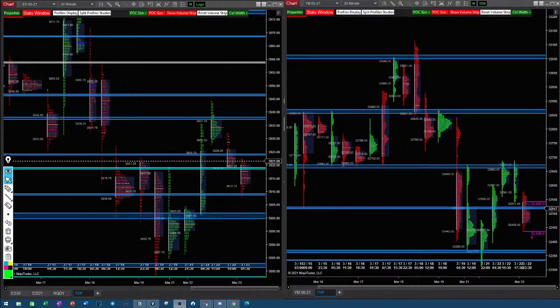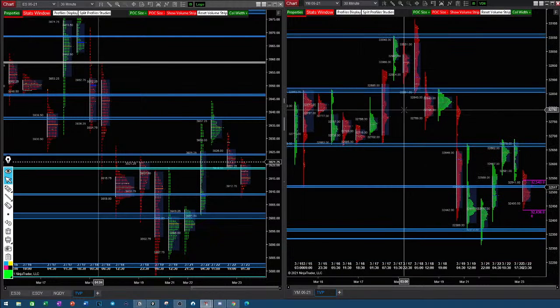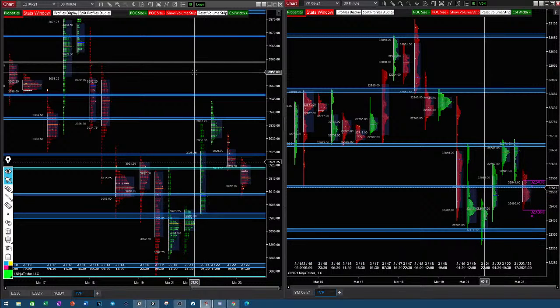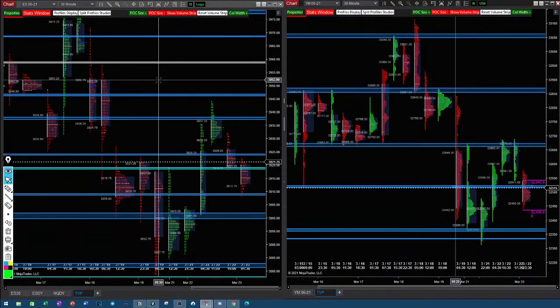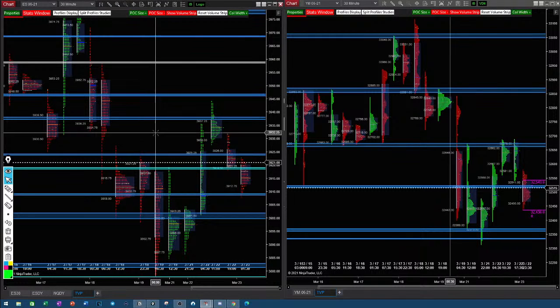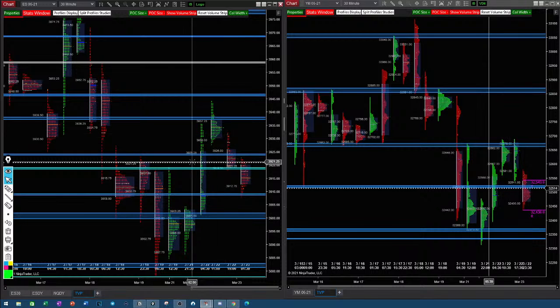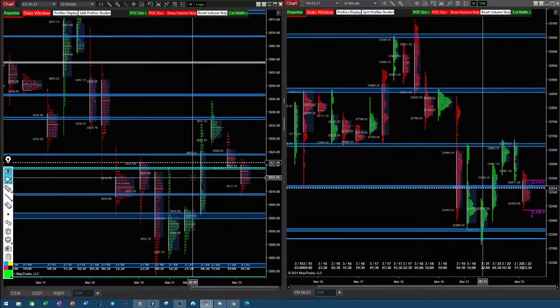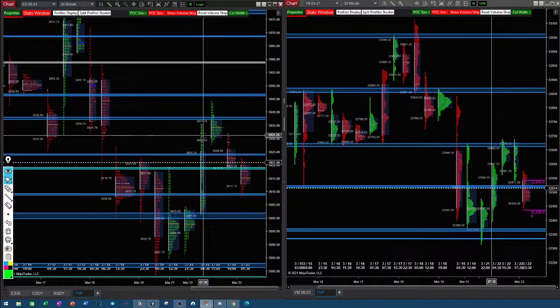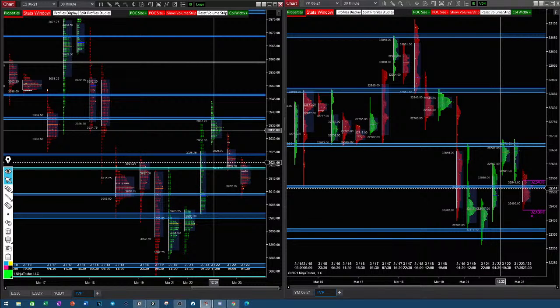So, we're running on a little bit different charts this morning, and I did that for a reason. Not that I'm not going to continue to use my traditional volume profiles, but I really like the way this is broken down. This is something called a time variable profile. At its essence, it's a market profile. Market profiles preceded volume profiles.